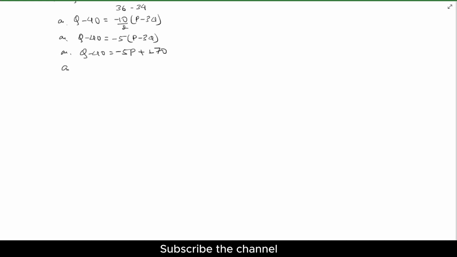So 5P equals Q plus 40 plus 170, or 5P equals Q plus 210.